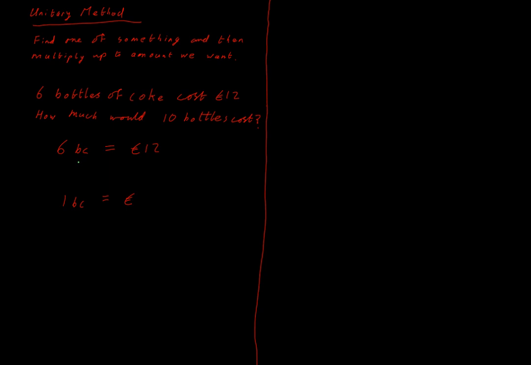The trick I'm going to use for the unitary method, and it's very important for lots of different areas of maths, is that I'm going to divide a number by itself. So how would I go from 6 bottles of Coke to 1 bottle of Coke? I would divide by 6.